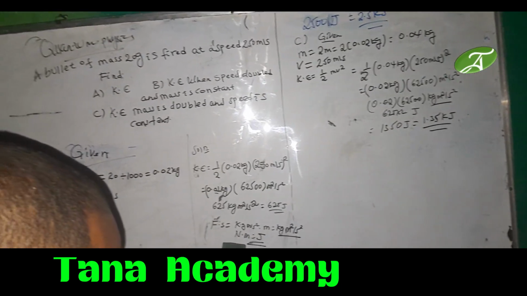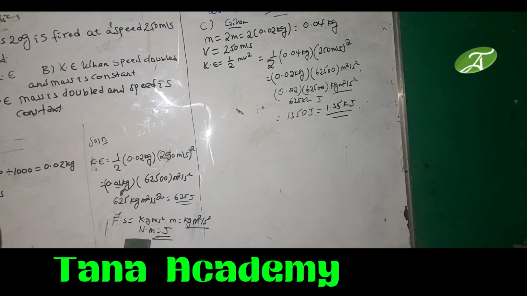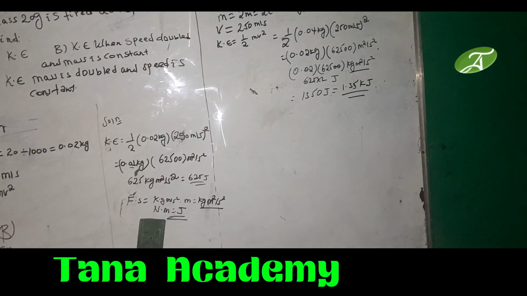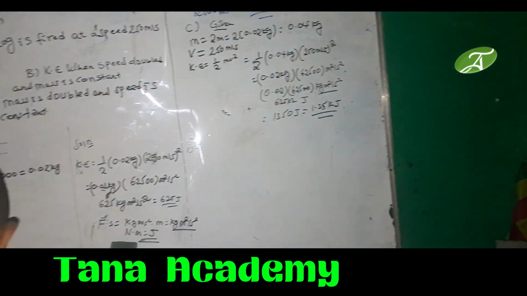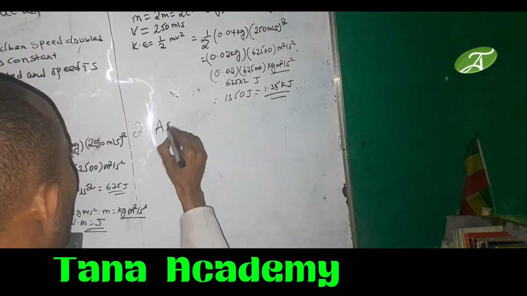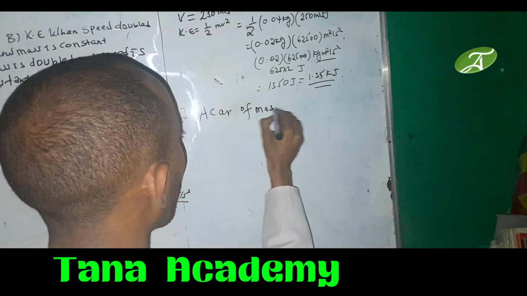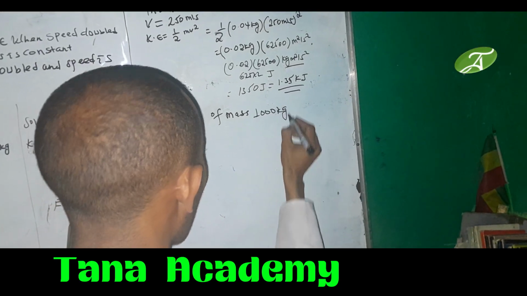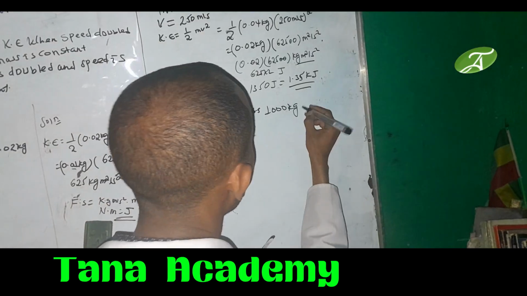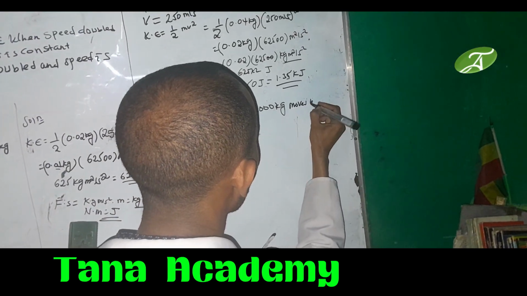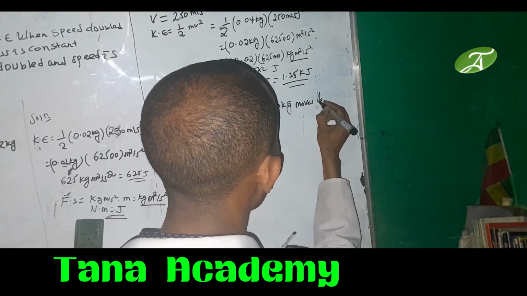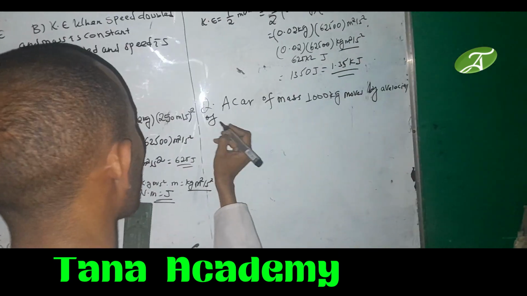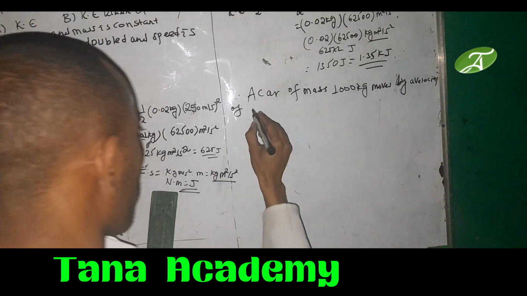Okay, example 2. It says that a car of mass 1000 kilogram moves with a velocity of 20 meter per second.